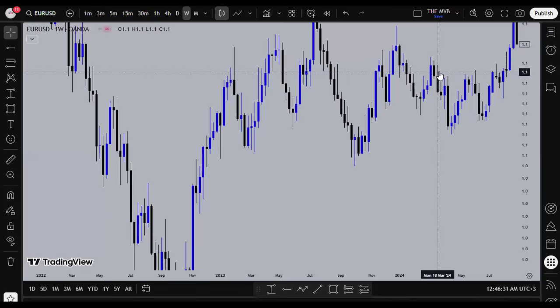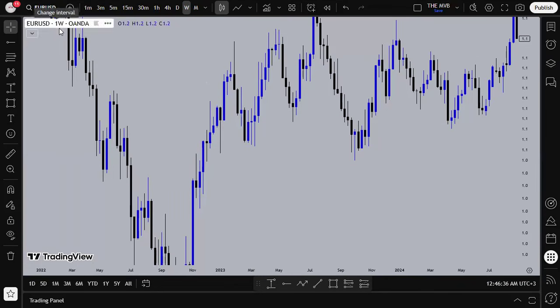All right, so this is EUR/USD, and this is the weekly time frame. I have to warn you guys, if you find areas of liquidity in terms of candlesticks, it's better to use a higher time frame than a lower time frame.